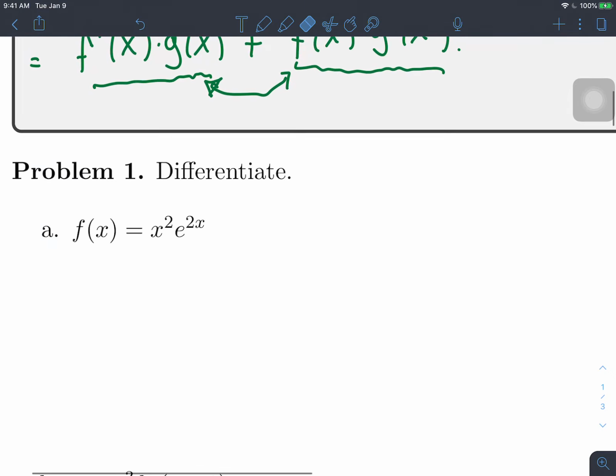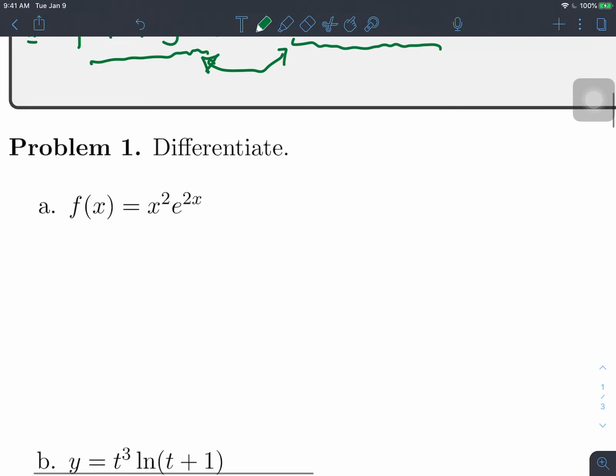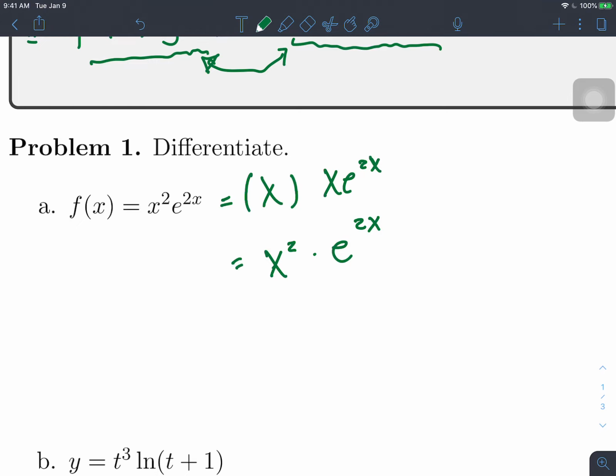So this, for example, x squared times e to the 2x, we could split up in a number of ways. We could say that this is the function x times the function x e to the 2x. Or we could say it's the function x squared times the function e to the 2x. Those are two ways that we could have split it up.